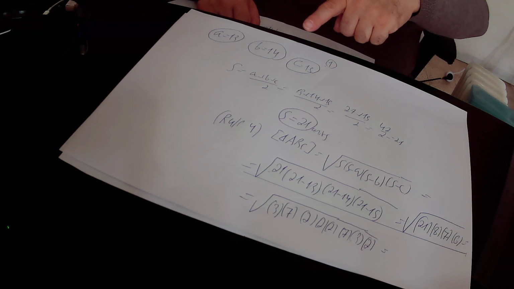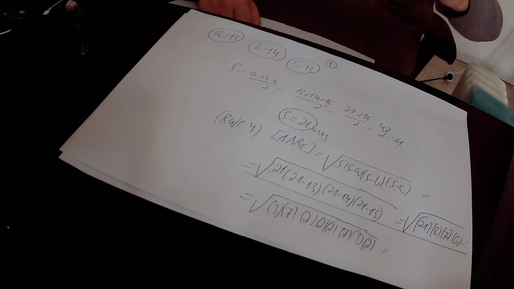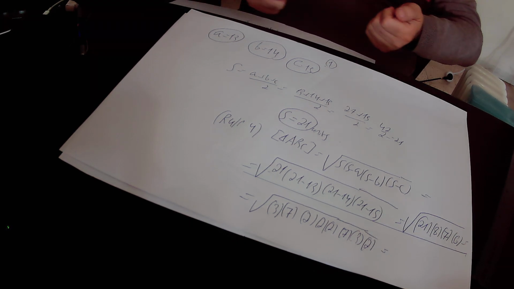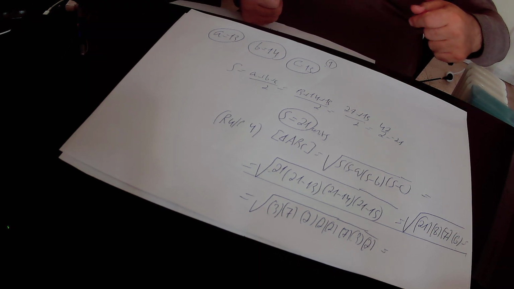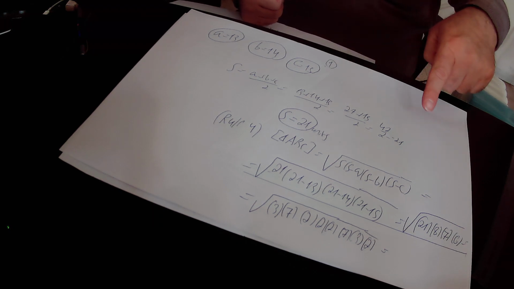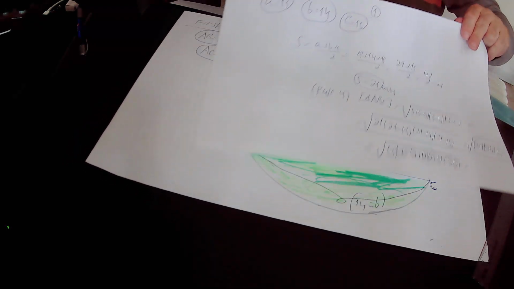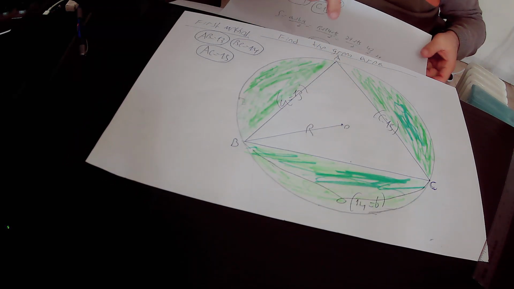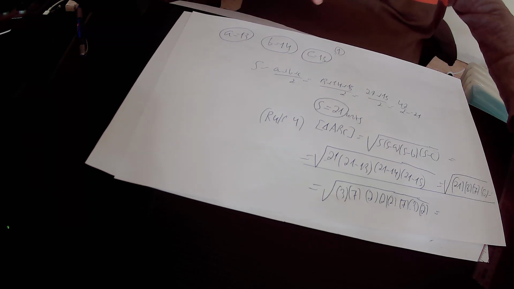A is 13, B is 14, and C is 15, all divided by 2. 13 plus 14 is 27, plus 15 is 42, and 42 over 2 is 21. So finally, we found that the semi-perimeter S of this triangle ABC equals 21 units.